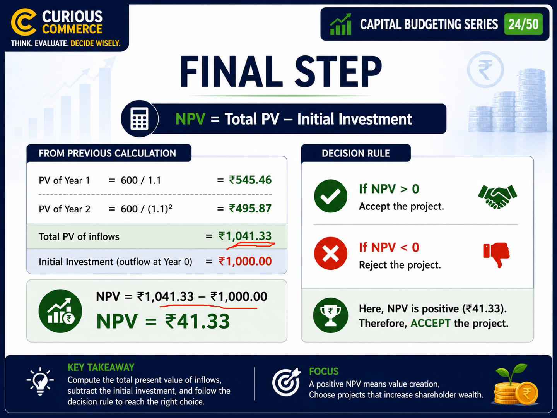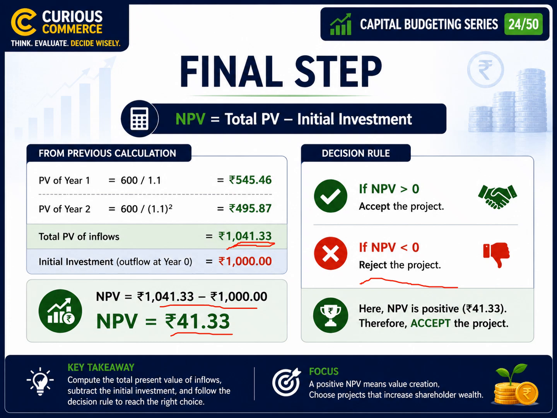If NPV is positive, positive 41.33, accept the project. The reason is the project generates value above the required return. If the NPV is negative, directly we reject the project, because returns are insufficient.